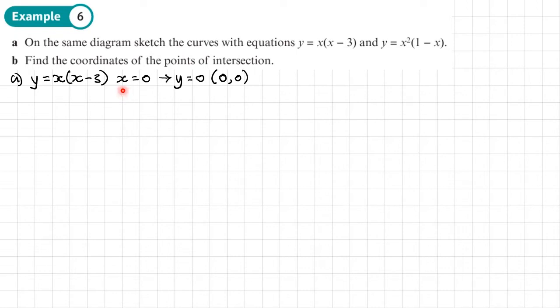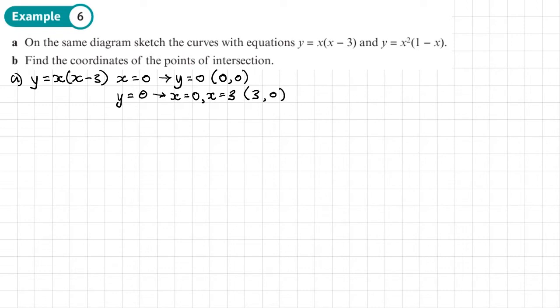And also I want to find out when y is 0, and that will happen when either x is 0 or when x is 3. So the 0, 0 gives me the coordinate I've already got, and the other coordinate will be 3, 0.